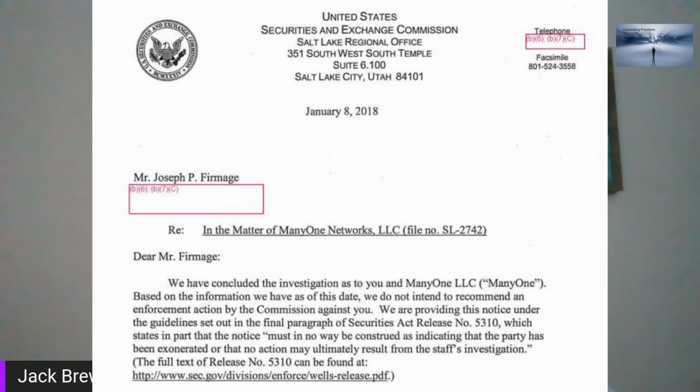And this is a letter that they provided Mr. Firmage, explaining to him that after an investigation was conducted on Mini One, the commission would not be recommending enforcement action be taken against them.